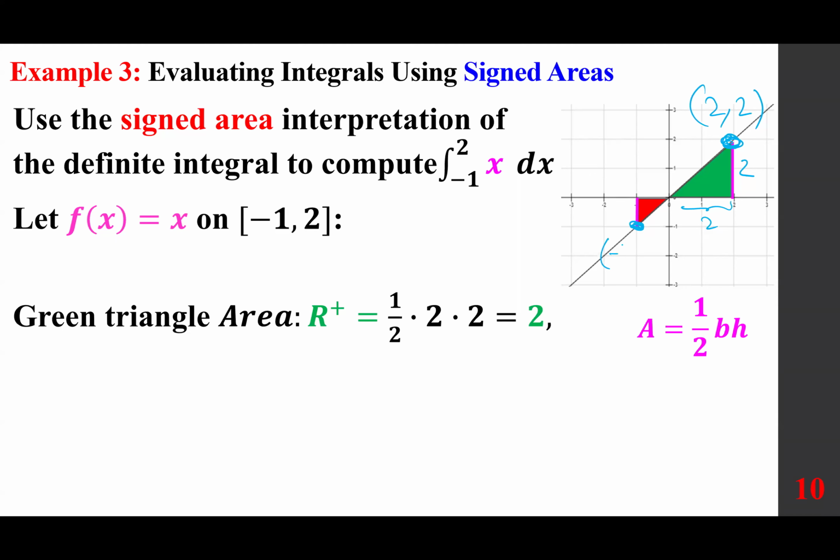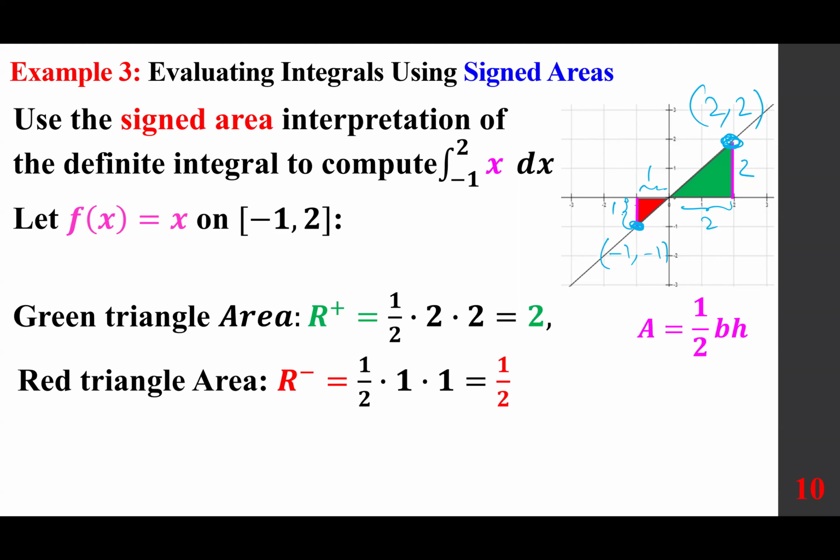This has coordinates -1, -1, which makes this distance as well as this distance 1. So 1/2 of 1 times 1 is 1/2. And this is considered positive, this is considered negative. So 2 minus 1/2 is 3/2.